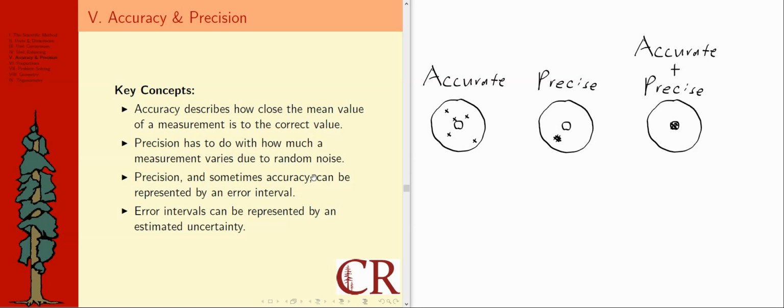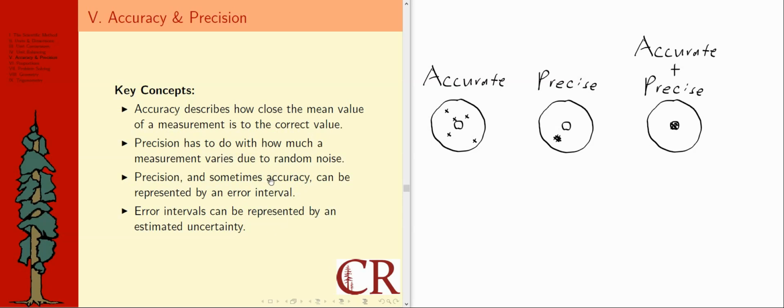And I have sometimes seen examples in the literature where physicists will also use an error interval to describe that. So I've sometimes seen it said in an undergraduate course that the rule is error intervals always represent precision, but I can tell you I've seen exceptions to that. So that's why I wrote it this way.